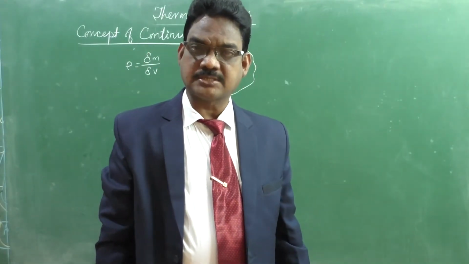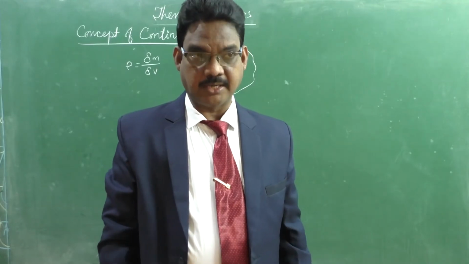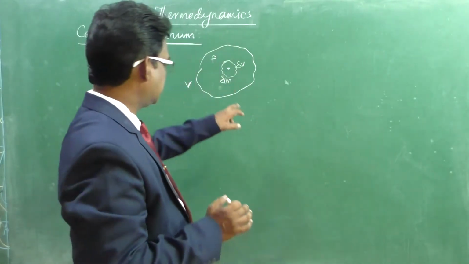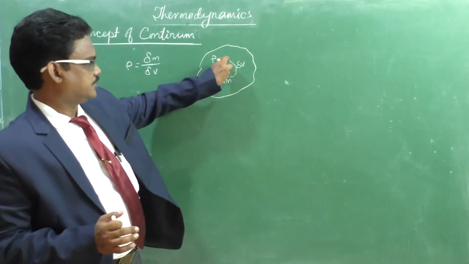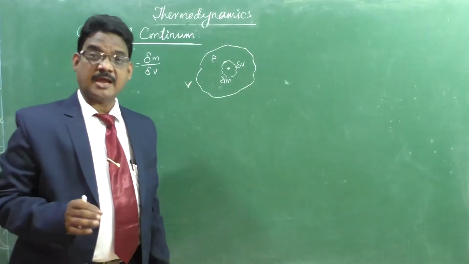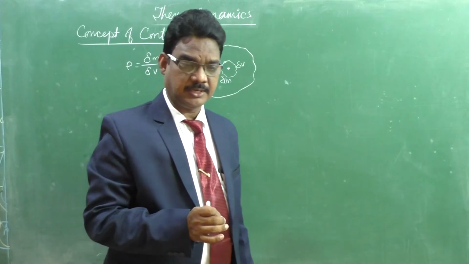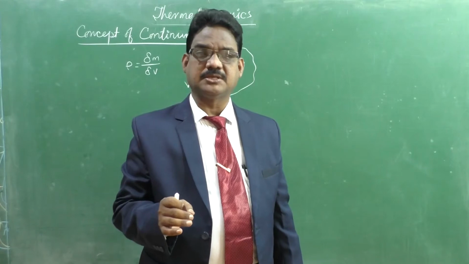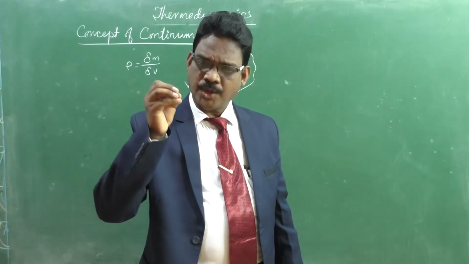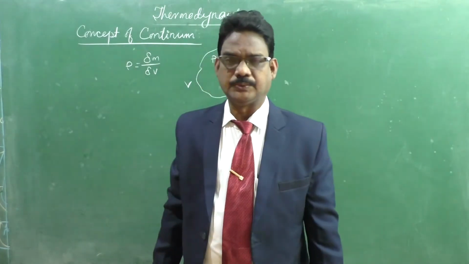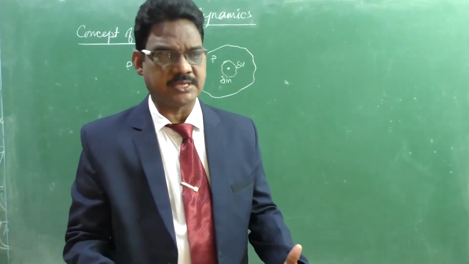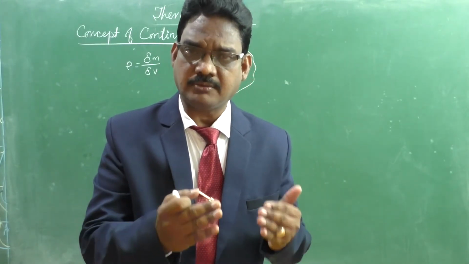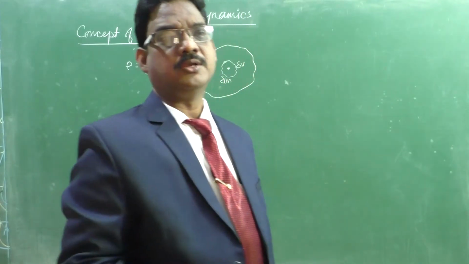In such cases density may decrease. But if we go on increasing the volume of the considered small particle, at a particular volume level the change of delta M by delta V is negligible. It will always give a constant value. After crossing a particular volume level, delta M by delta V reaches an asymptotic line.